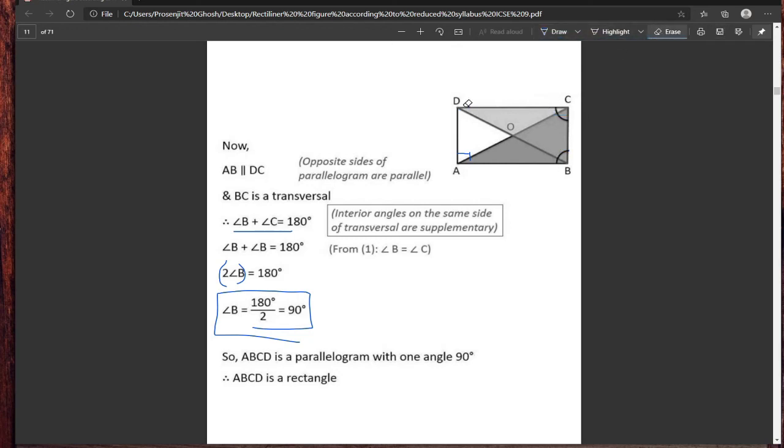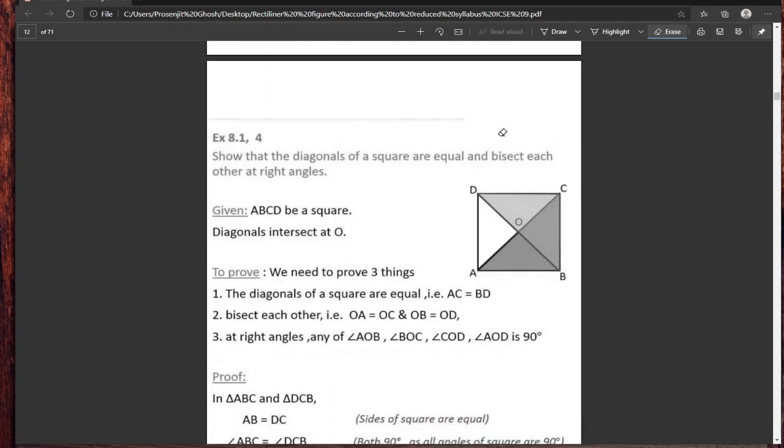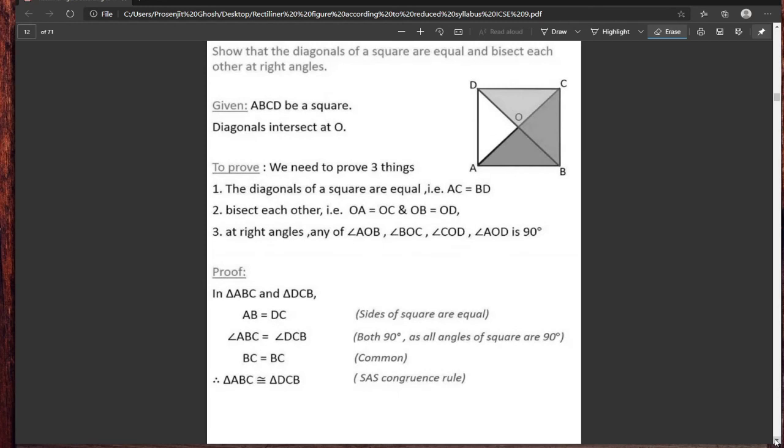Coming to the next part for the square, what we have to prove, let me show you. Show that the diagonals of a square are equal and bisect each other at right angles. Okay. So as ABCD is a square, we just take it where the diagonals intersect each other at O. Right now, we have two triangles, just like the rectangle one.